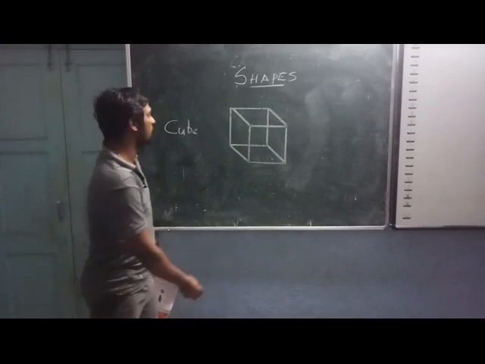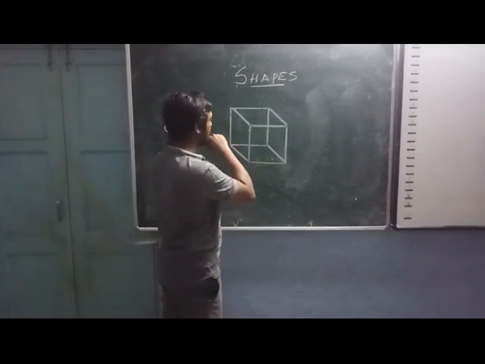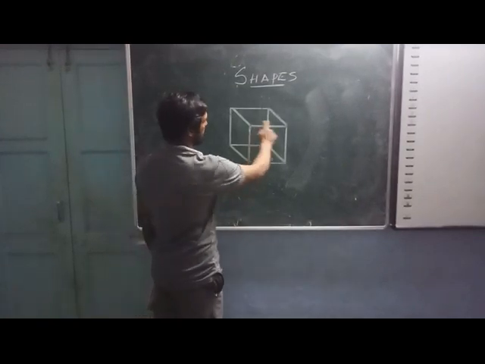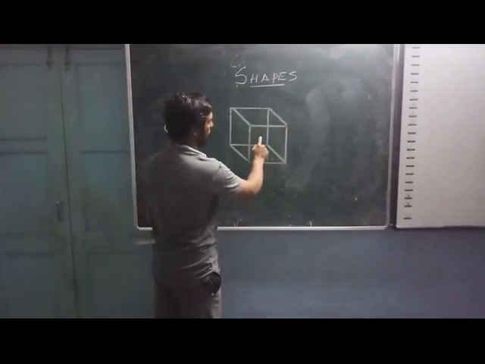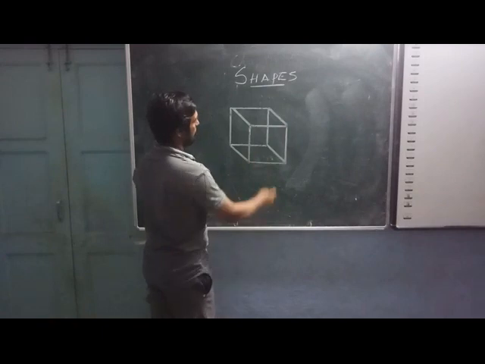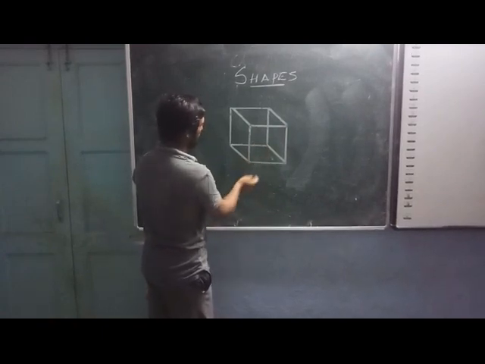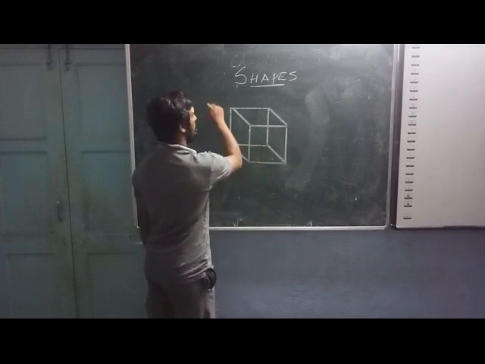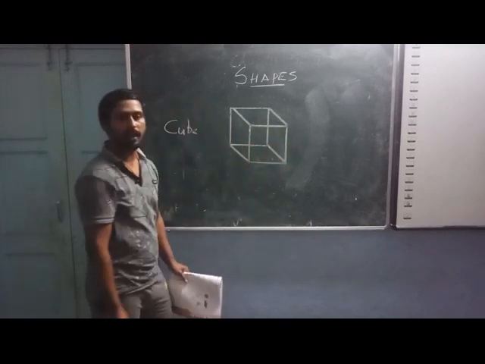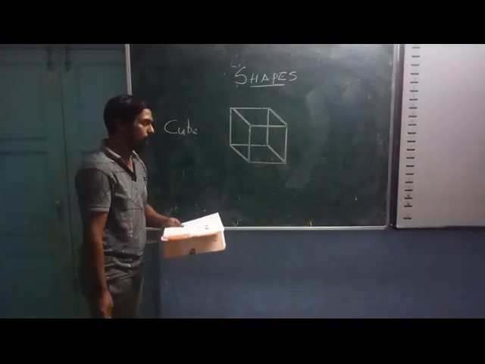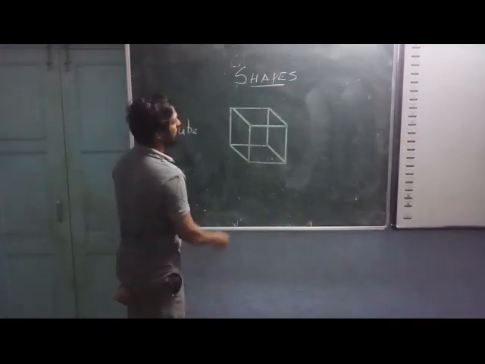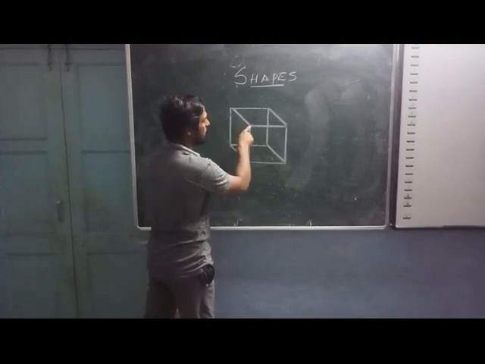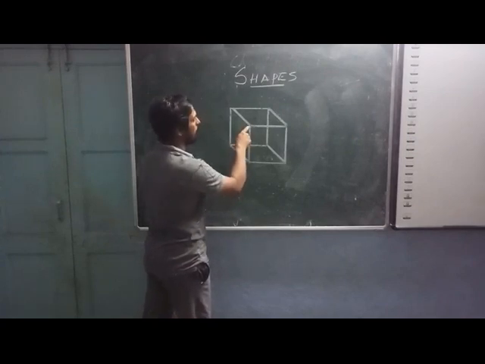A cube has 6 faces, okay. You see, this is called a face, this side. This is called one face. So, 1, 2, 3, 4, 5 and the last one on the other side. So, there are 6 faces and 8 vertices. What is a vertex?